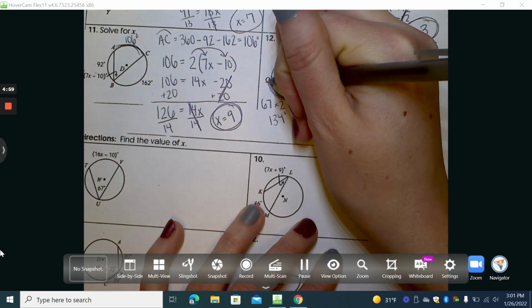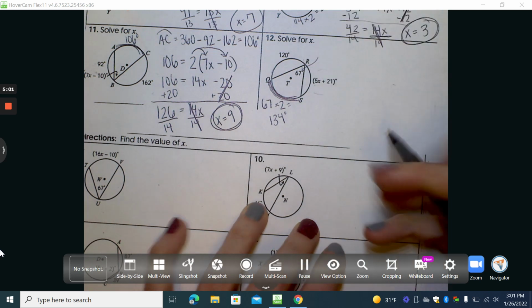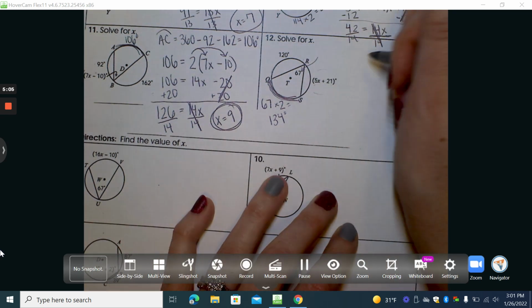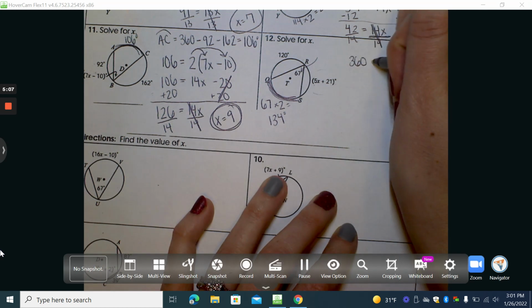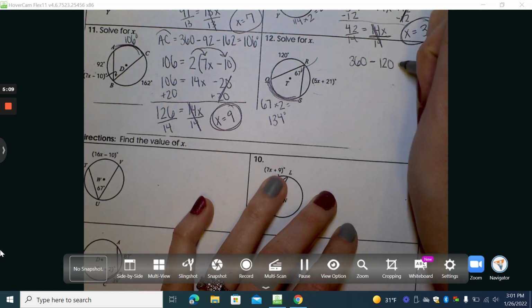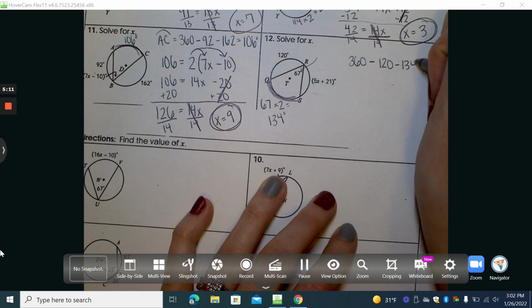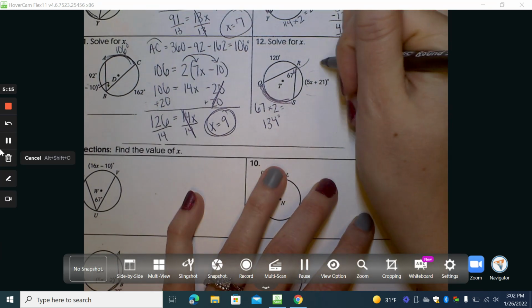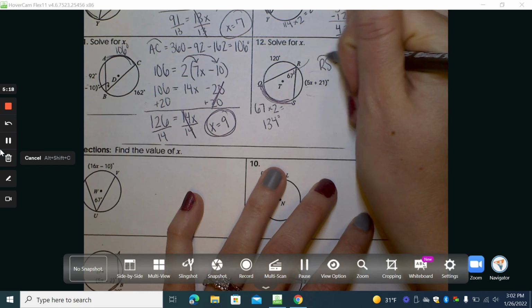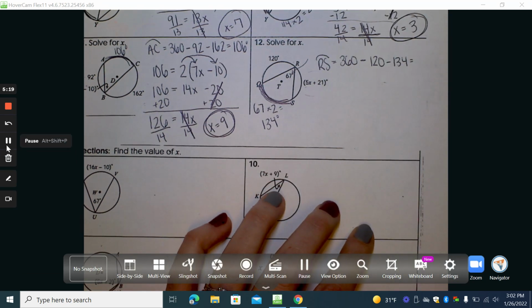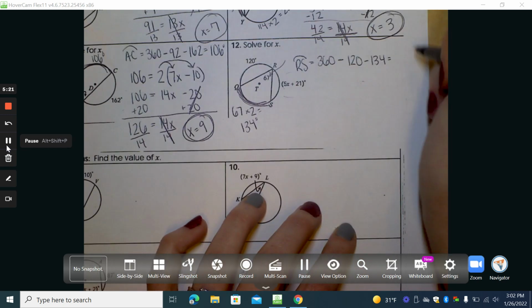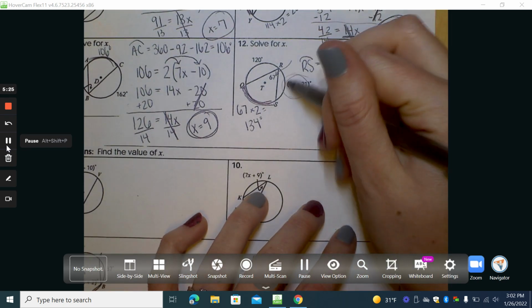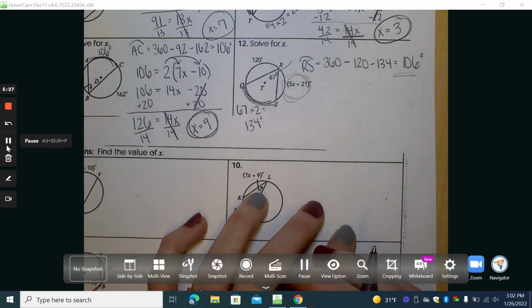So this arc is 134, this arc's 120. I need to know what this arc is. Well, let's do 360 minus both those pieces, minus 120 and minus 134. That's going to give me that arc RS. And so that's actually 106 degrees here. So this equals 106 degrees.